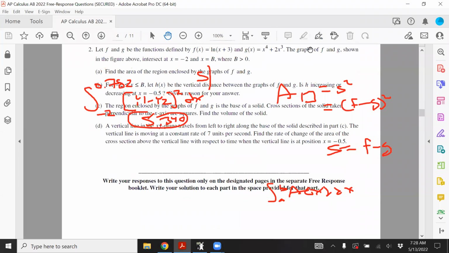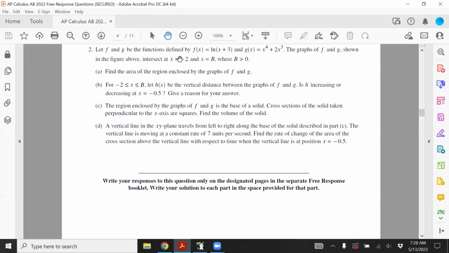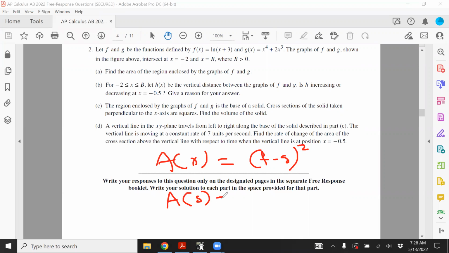So this is a related rates problem, totally related rates. And remember, our area formula was just f minus g squared. Or another way you could think about it is like that, where the side, of course, is f minus g, right? Because you're looking at the side of the square. Well, if you think about it, that's going to be 2s times ds dt.